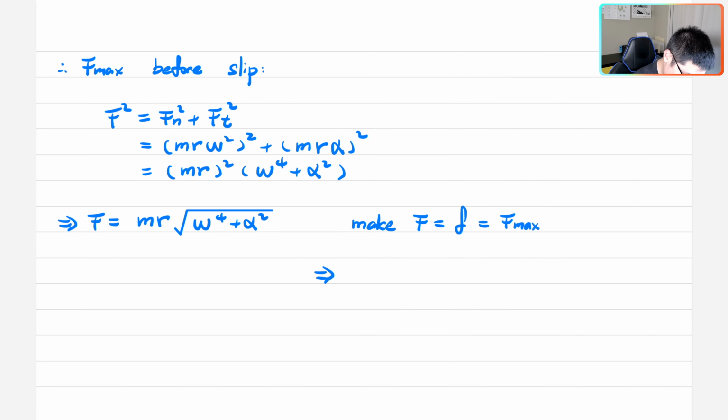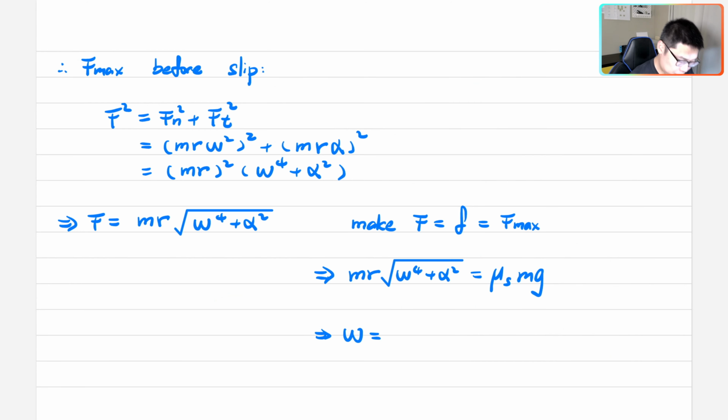Therefore, in this case, m r times the square root, the expression we just calculated, equals mu s mg. This is given by the question. We want to find omega. The question was asking to express omega in terms of alpha and r.